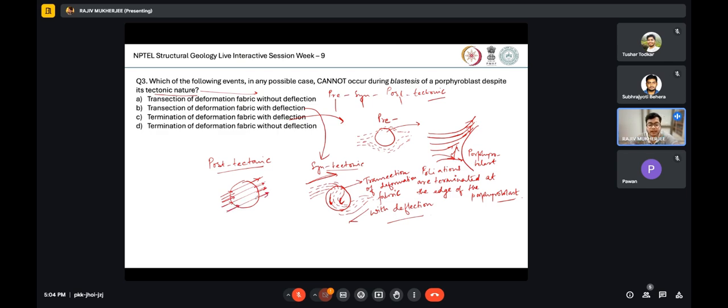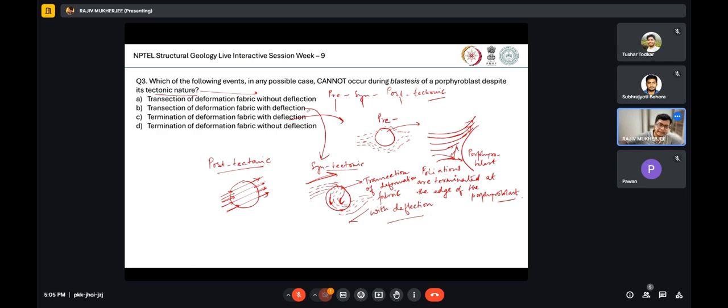That means it will cut across the porphyroblast, of course, because it is post-tectonic, but it will not deflect inside or even outside the porphyroblast, right?